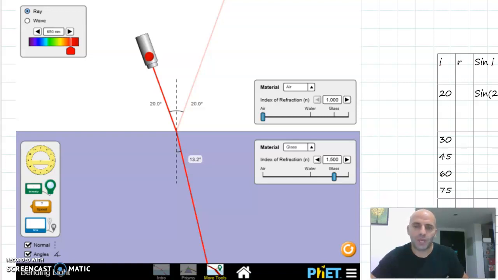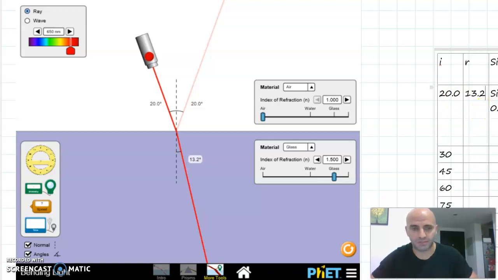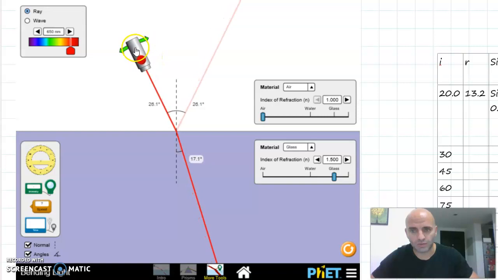Our refracted angle is down here, and that's going to be 13.2. So I've got 20.0, and my refracted angle is 13.2 degrees according to my simulator. And now I'm just going to change that to 30 degrees.